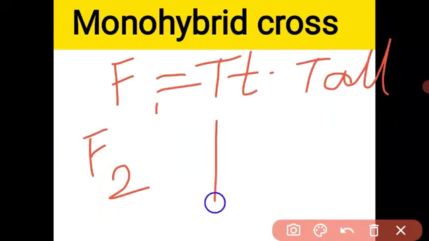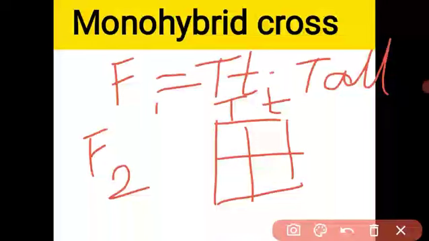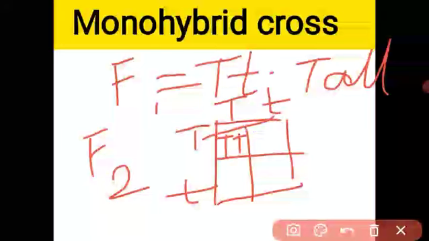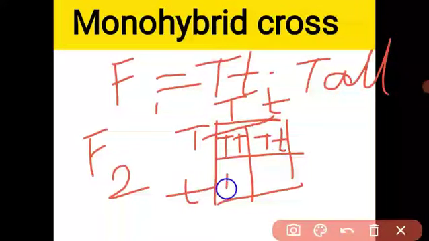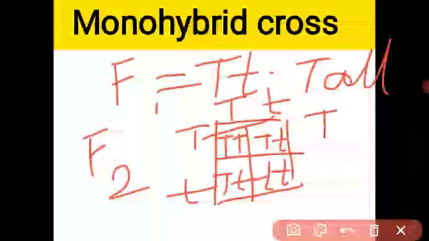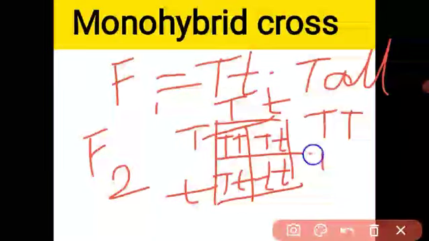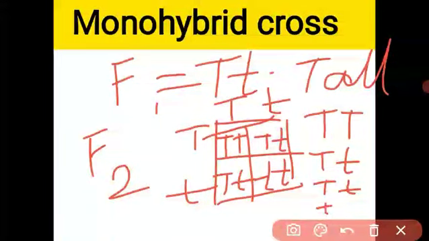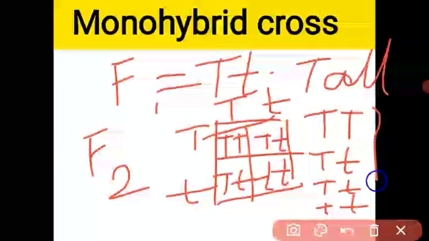In the F2 generation, we get capital T capital T, capital T small t, capital T small t, and small t small t. Out of 4 offspring, 3 are tall and 1 is dwarf.